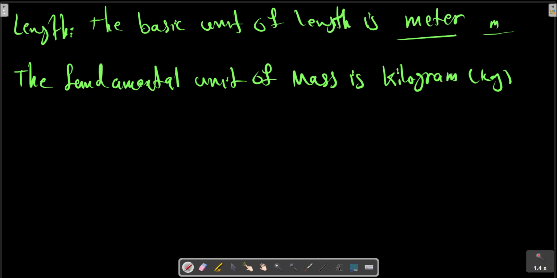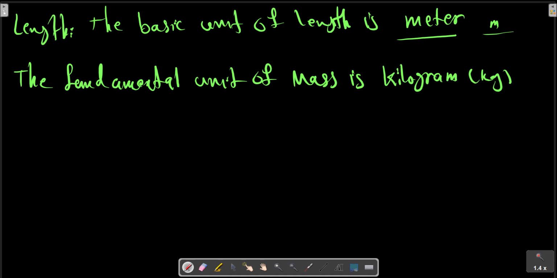As adopted by the first CGPM in 1889, it is the mass of a certain platinum-iridium cylinder maintained under prescribed conditions at the International Bureau of Weights and Measures.